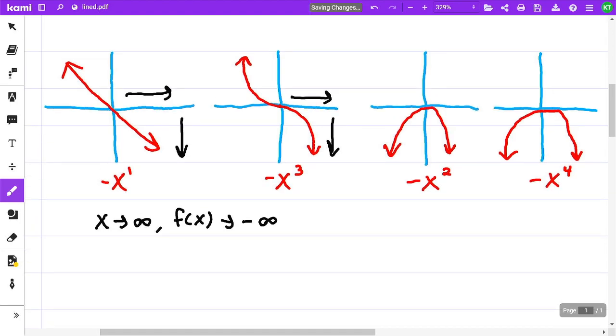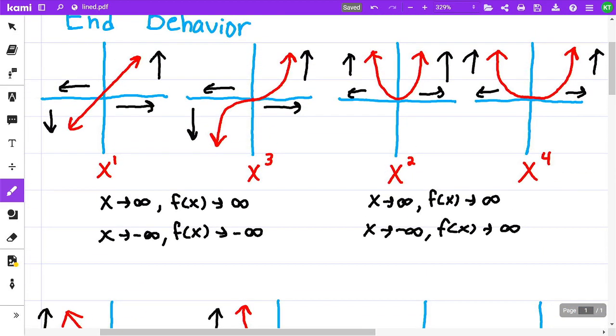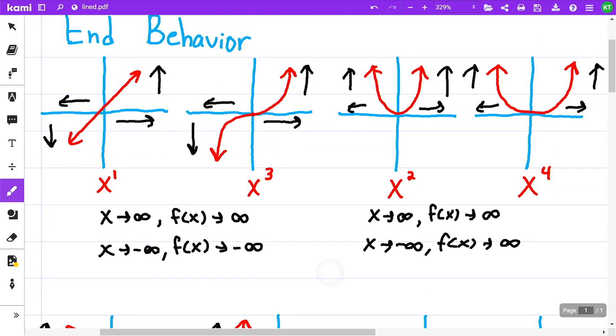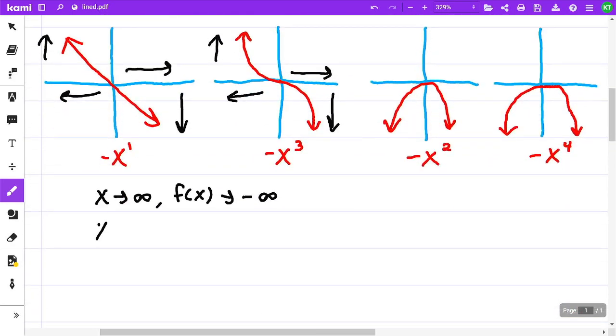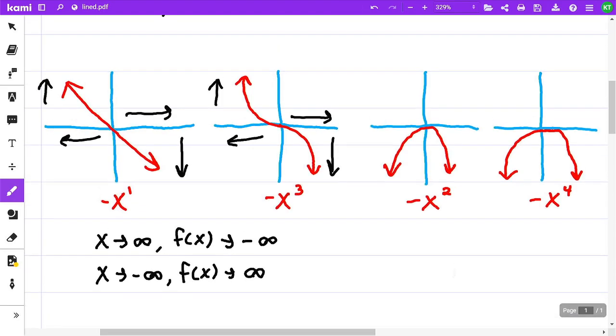And then, as x approaches negative infinity, f of x will be approaching positive infinity. So when we have that negative coefficient, things kind of flipped from our original with a positive coefficient.